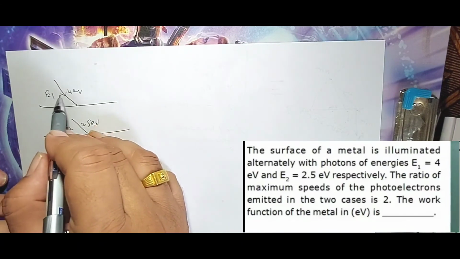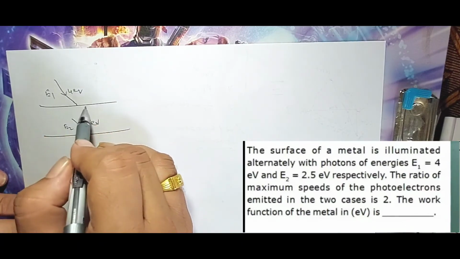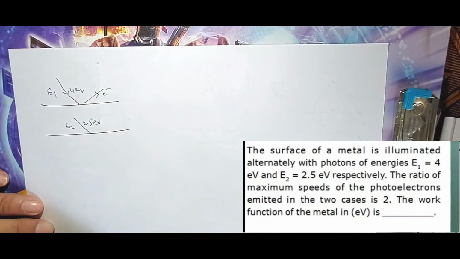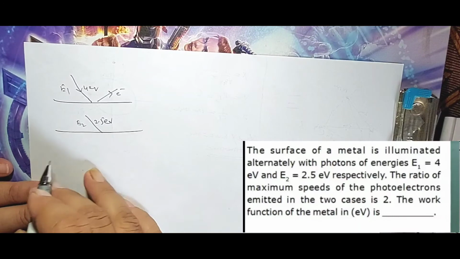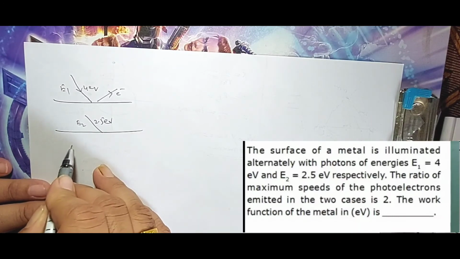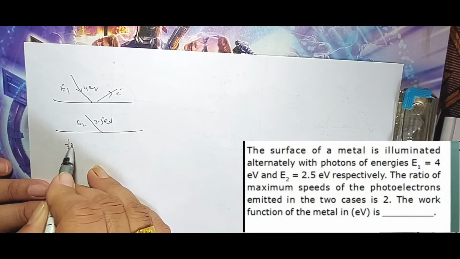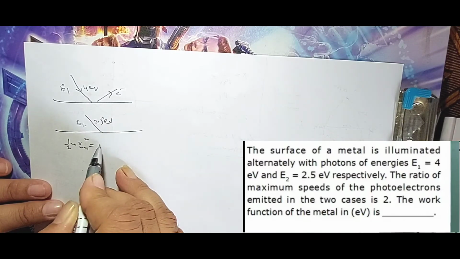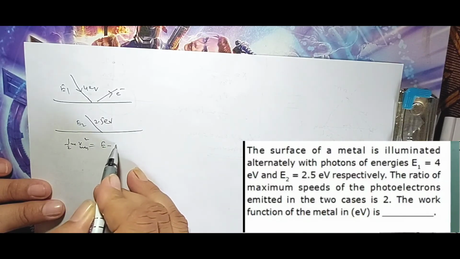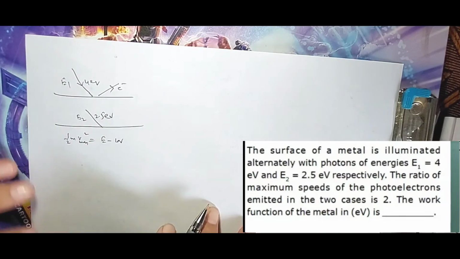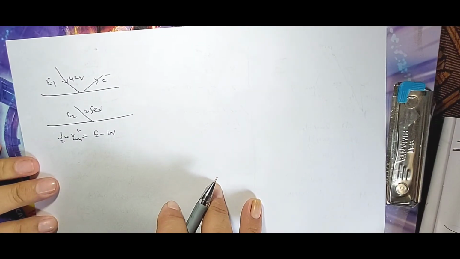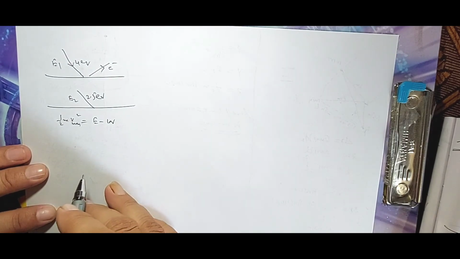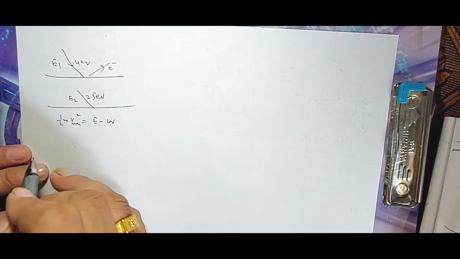Whenever light of this energy is incident on a metal, no doubt electrons are liberated. Now, we know Einstein's equation: half m v maximum square is equal to E minus the work function W. Here the metal is the same, so the work function is also the same.